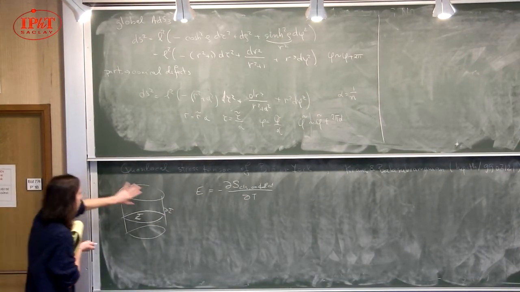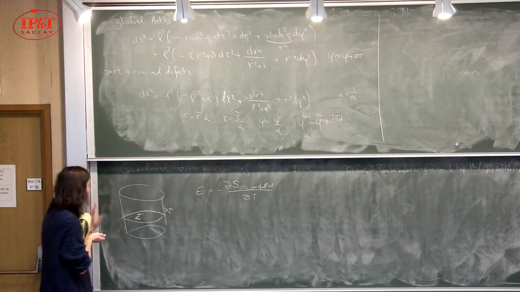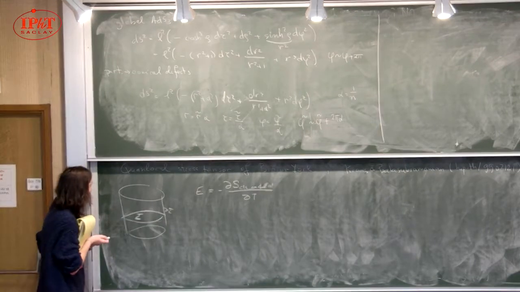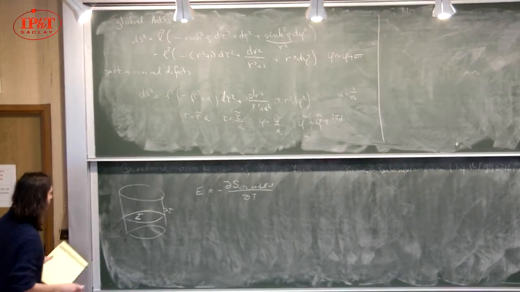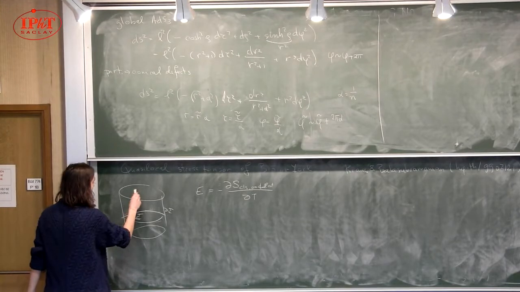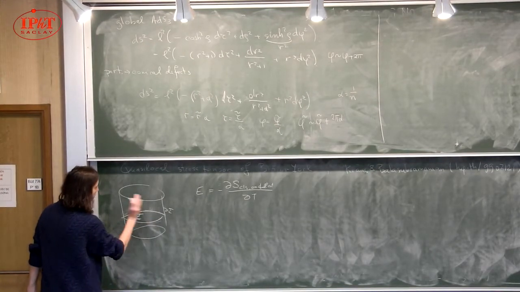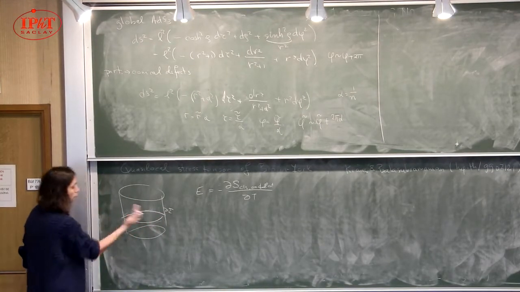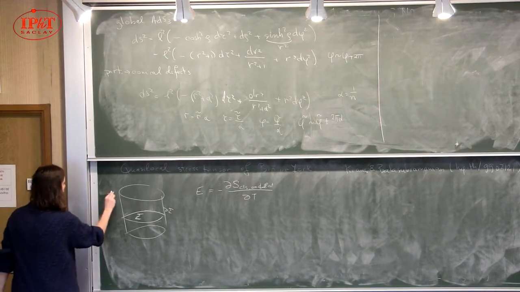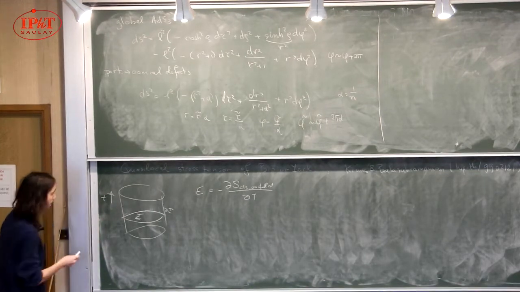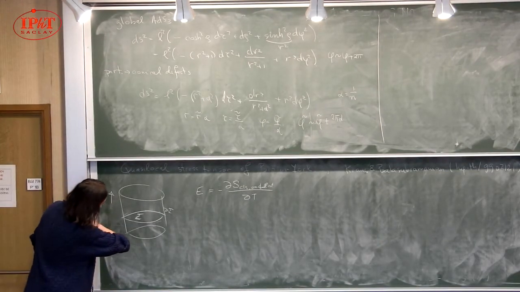Now we have something a little bit more complicated. So how should I do this? The setup is the following. They consider some spacetime, and some sort of box inside the spacetime. This as usual is time, and they're considering some spatial slice.